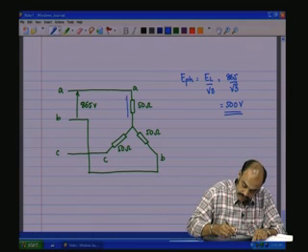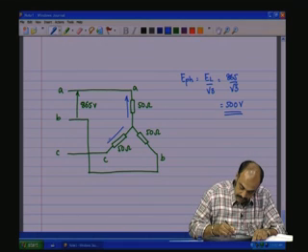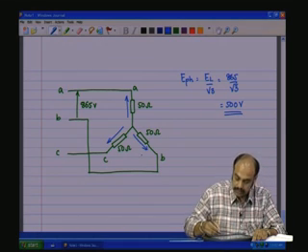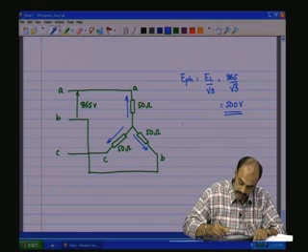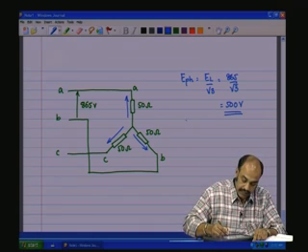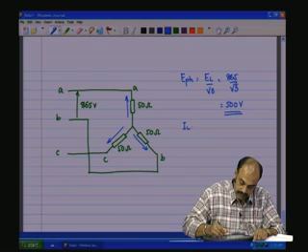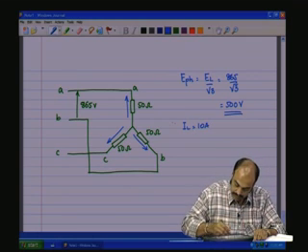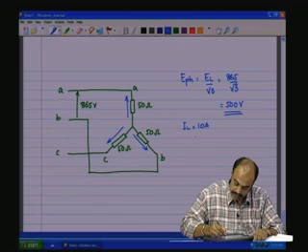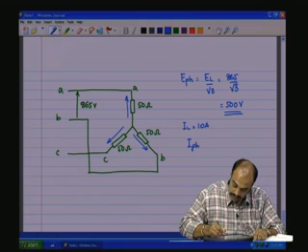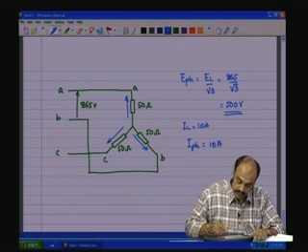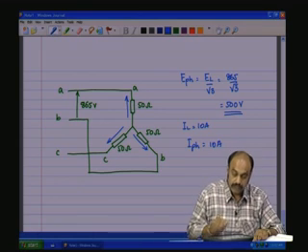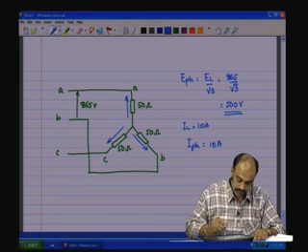So, that is the voltage across every resistor, the phase voltage of 500 volts, and we know that the line current is equal to 10 amps, and through each of the resistors it is going to be the same, because in a star circuit the phase current is also 10 amps. So, 10 amps into 50 ohms, which is 500 volts.